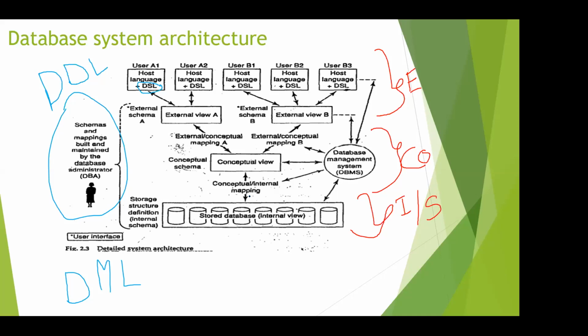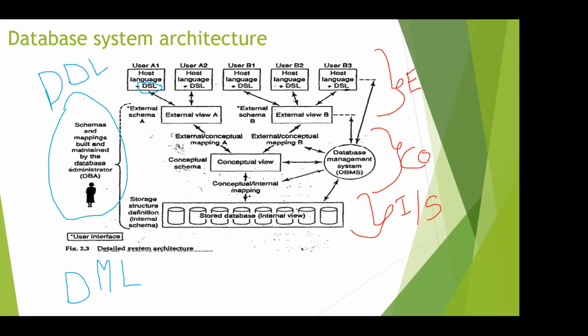So finally, the ultimate objective of the conceptual schema is to describe the complete enterprise, not just its data, but also how the data is used, in what way data is represented. So this is the conceptual level.